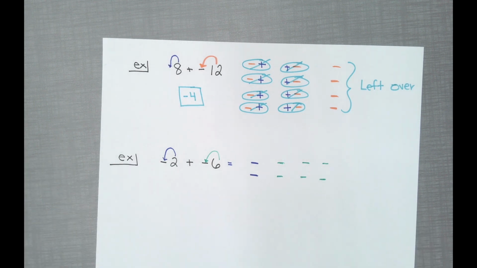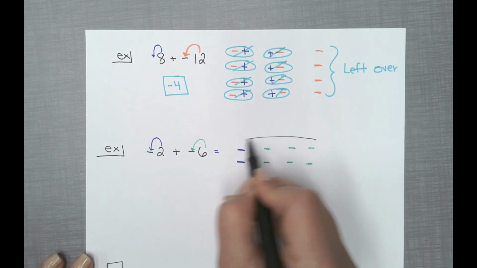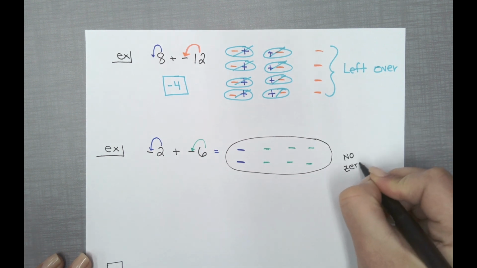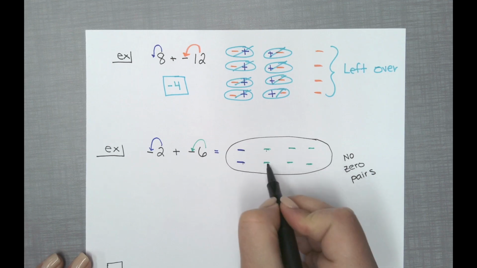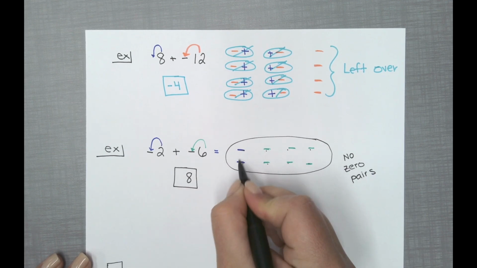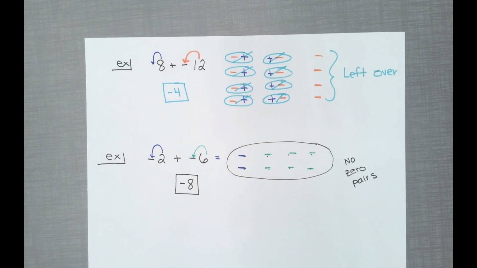Notice that I do not have a 0 pair. And a 0 pair is when you have a plus and a minus together. We don't have anything. So this right here is together. No 0 pairs. So that means I count 1, 2, 3, 4, 5, 6, 7, 8. My answer is 8, but 8 what? These are negatives.